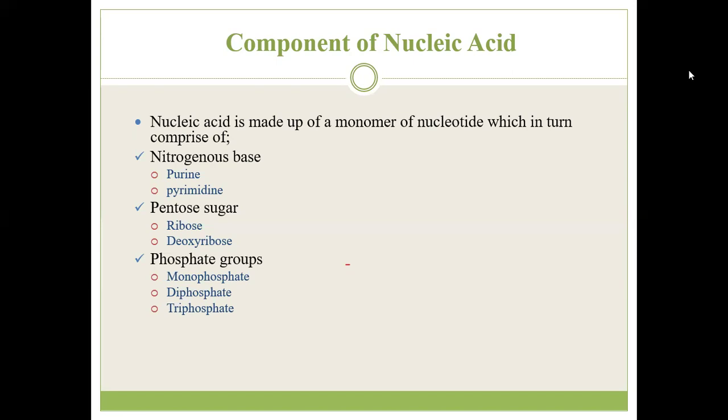The nitrogenous bases are of two types, or they have two parent molecules. We have purine, which is a parent molecule and has children, and pyrimidine, which is also a parent molecule and also has children.